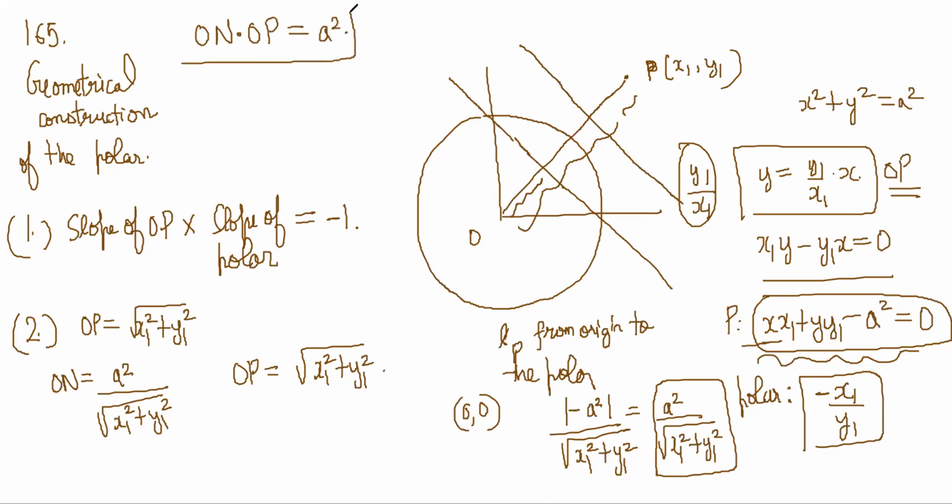Wherever the polar is, it is at such a place that ON into OP is always equal to a square. So ON will be equal to a square by OP.